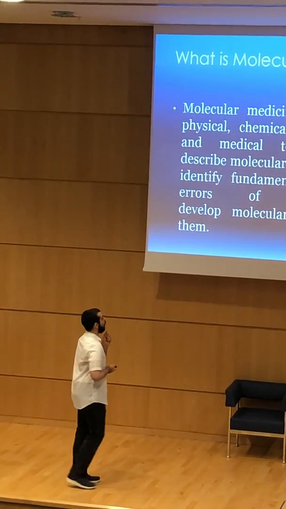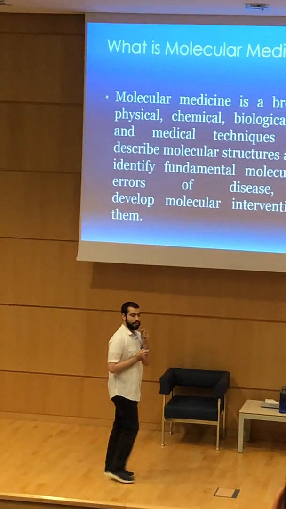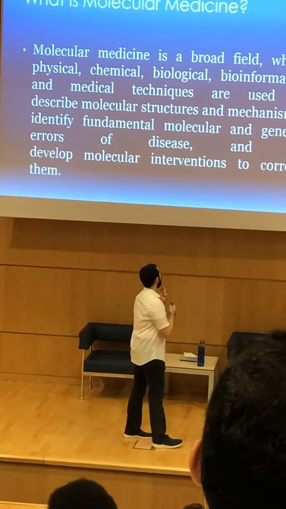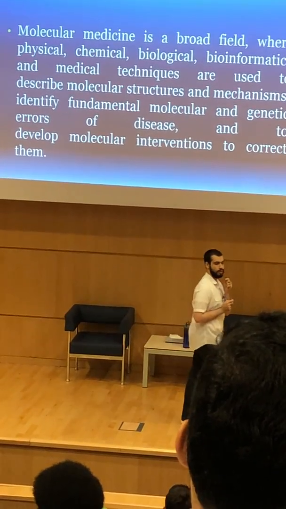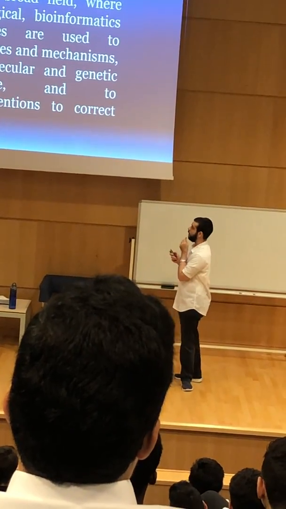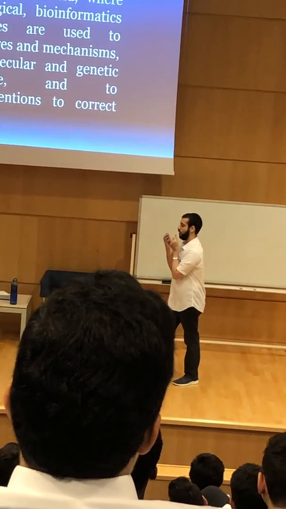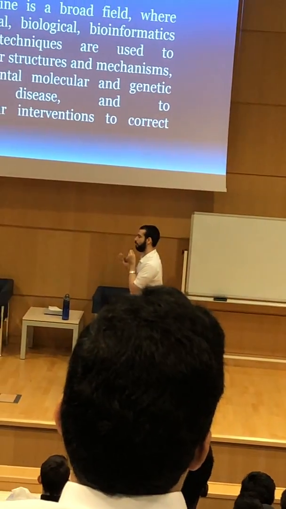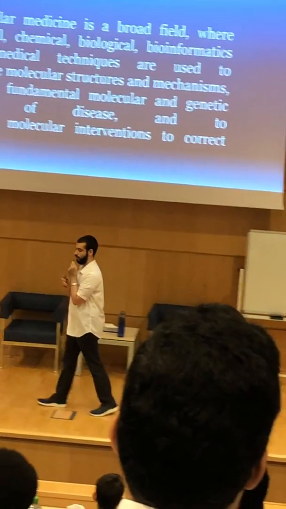Okay? Now, I will take the first half of the lecture on this definition. I'll be talking about this definition in detail just to make you understand more what molecular medicine is.